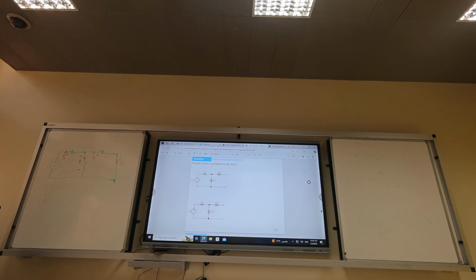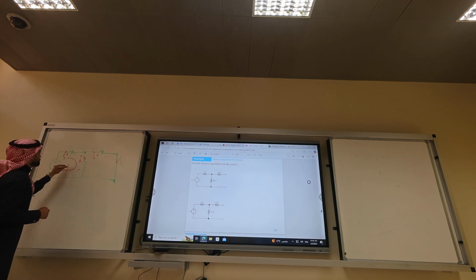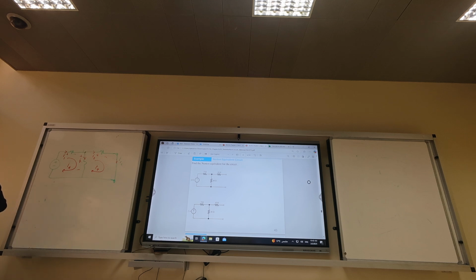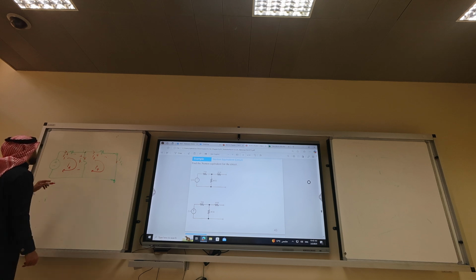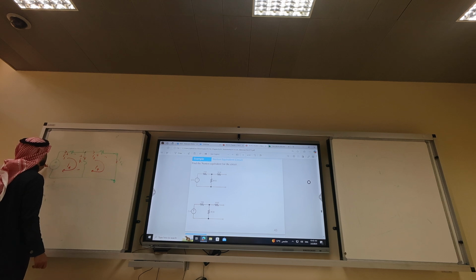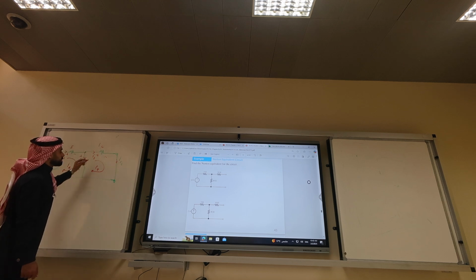Mesh is better. Mesh is fine. So IA, IB. Well, you can use current divider rule and do it quickly. Do you want to use current divider rule? Told you mesh. Let's do mesh exercise. So if you want to do mesh, this is 10 volts. This is 5, 10, 20.